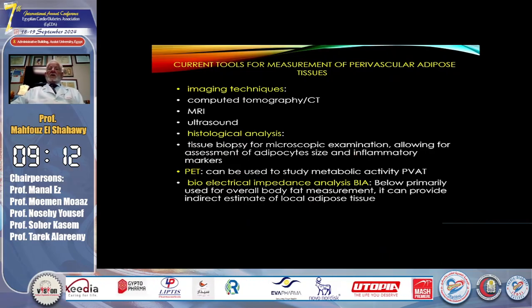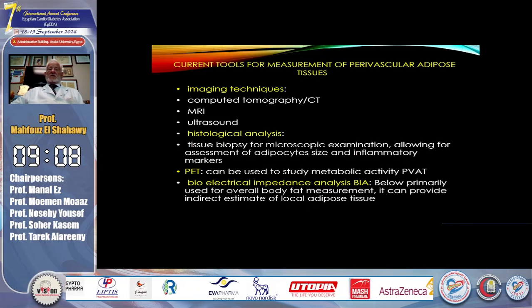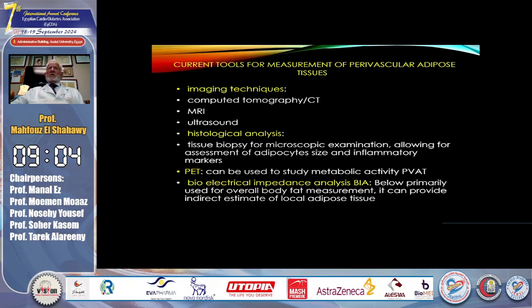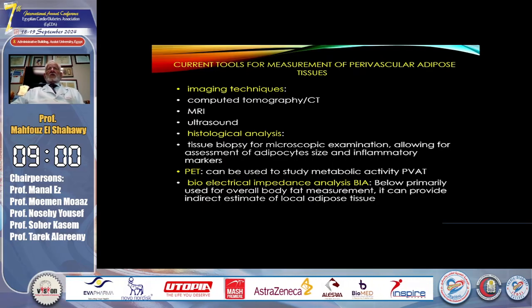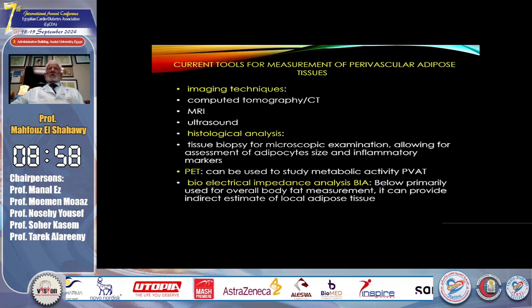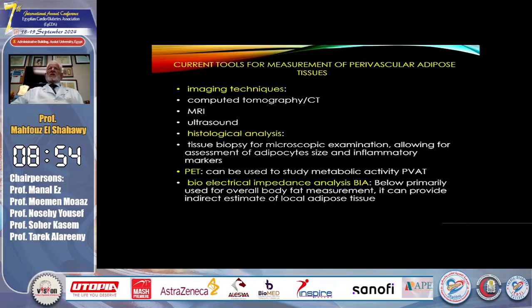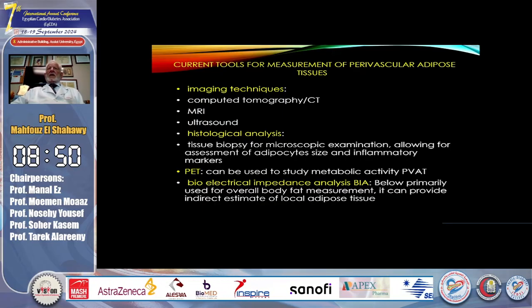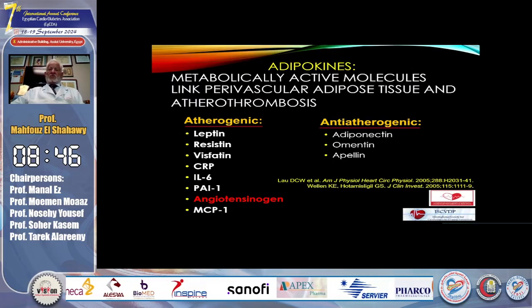You can use imaging techniques, as you might see on the slide, histologic analysis, or bioelectrical methods. The easiest one to measure, of course, is the CE. And as an indirect measurement, since we said epicardial fat belongs to that group, just measuring the epicardial fat volume can give you a hint about the perivascular adiposity in general.